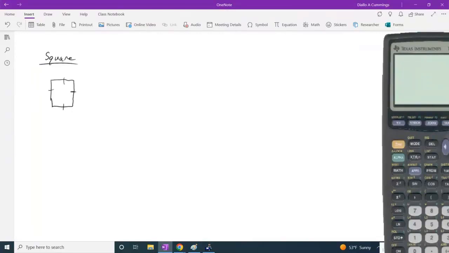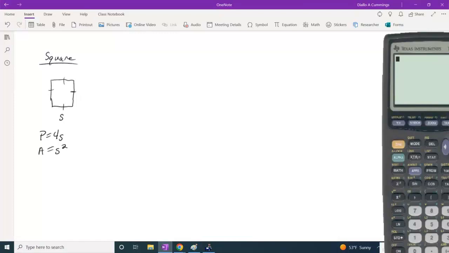So when you see these tick marks around your figures, that just means that all of these sides have the same length. So we're going to call a side length S. The perimeter is 4 times S, and the area is S squared, right?